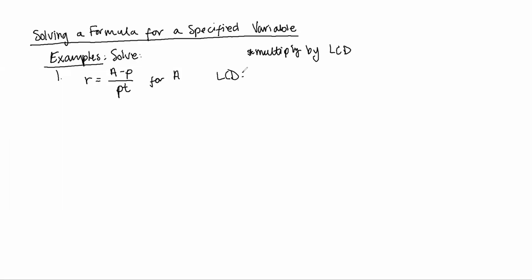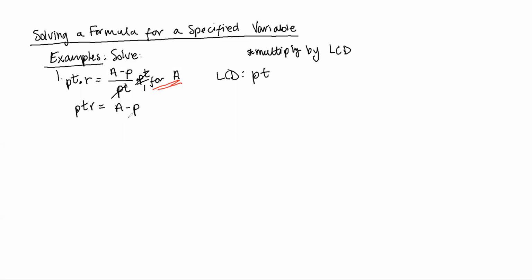So our LCD here, we only have one denominator, so our LCD has to be PT. Let's go ahead and multiply both sides by PT over 1. PT times R, there isn't any actual solving we can do here. We're just going to put PTR. But on the right side, the PTs cancel, and we're left with A minus P over 1, which is A minus P. And the only thing left to do, since we're solving this for A, our goal is to get A by itself.